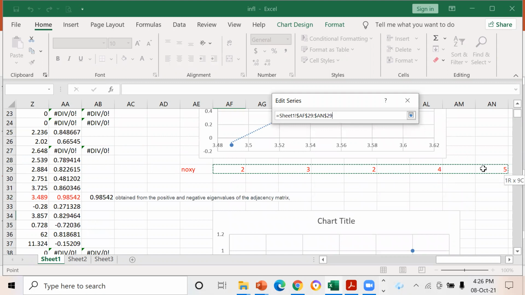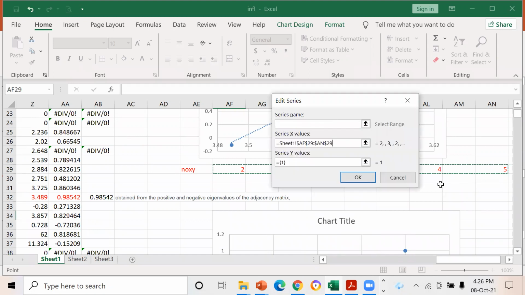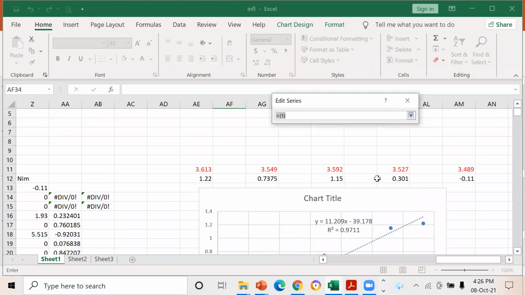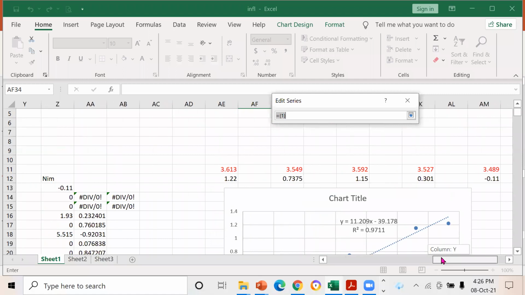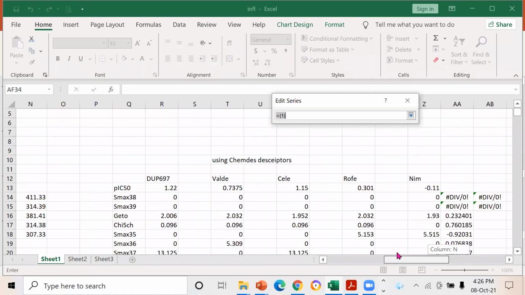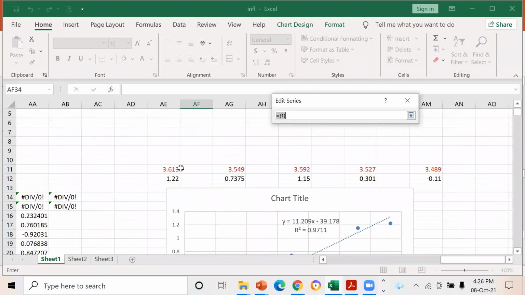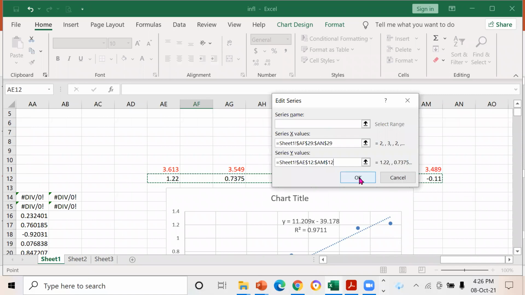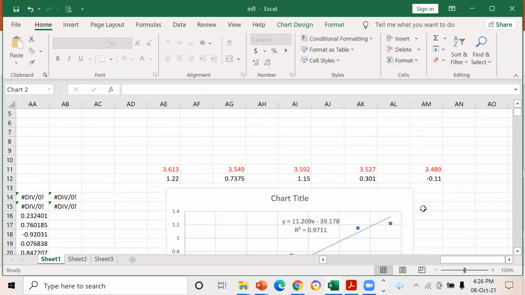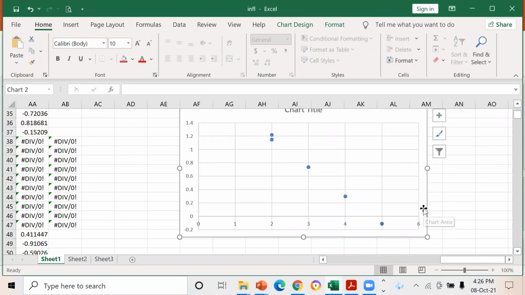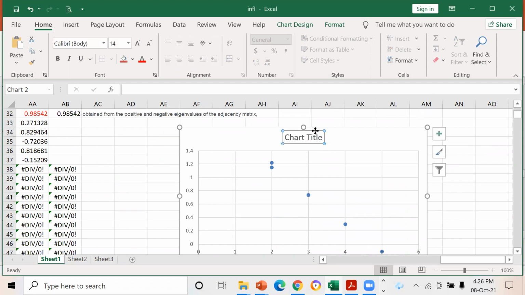I've selected the other descriptor also, because the correlation coefficient is very good for that descriptor. Yeah, this is the other one.